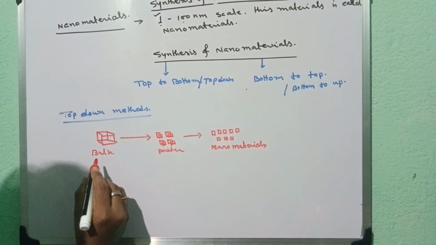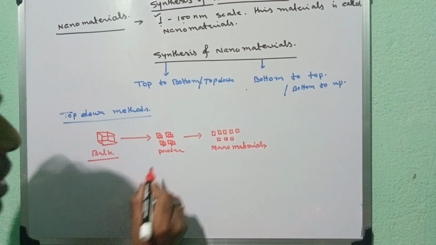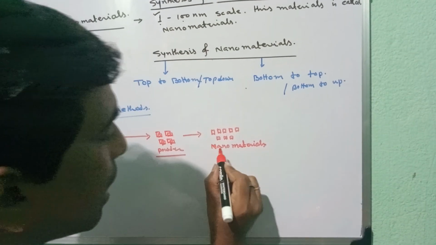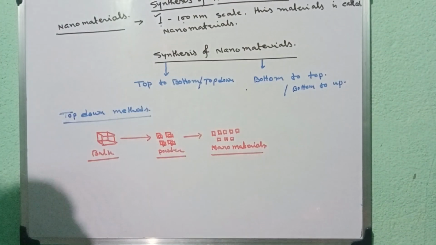So first is bulk, second is powder, and third is nanomaterial.